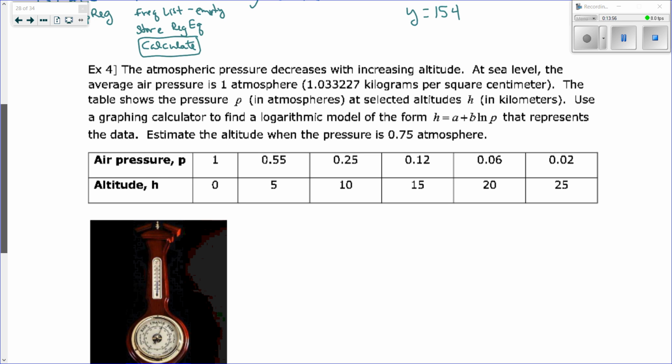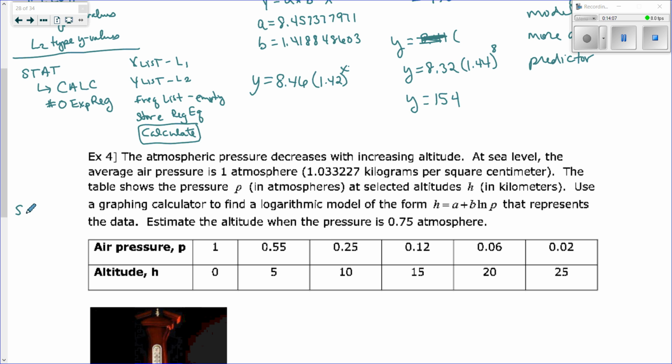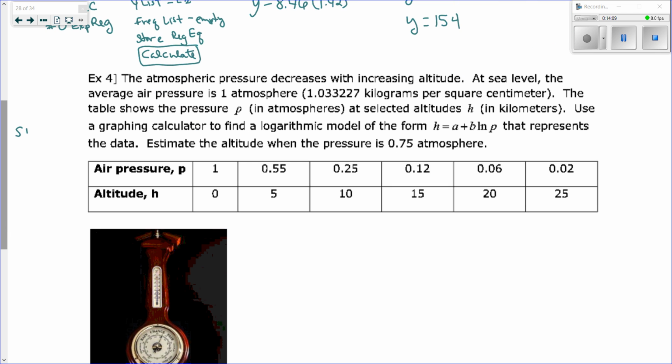First, we have to enter our data, just like we did in the example up above. So you're going to need to go back to your calculator and do stat. And you want to do number 1. Actually, let's not do number 1.